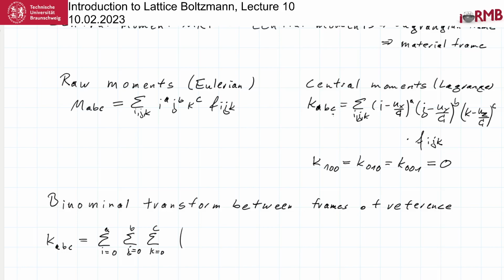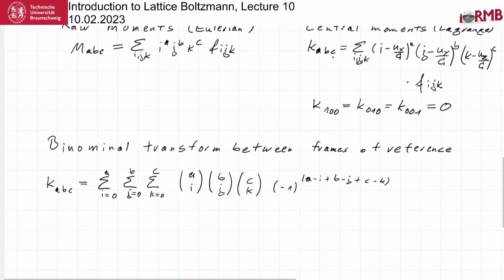And now we have here the binomials a over i, b over j, and c over k. And this goes into -1 to the power of, so this is an ugly equation, a minus i plus b minus j plus c minus k.